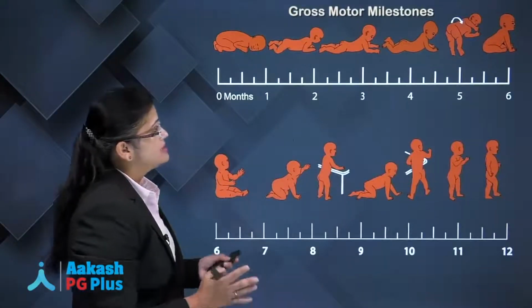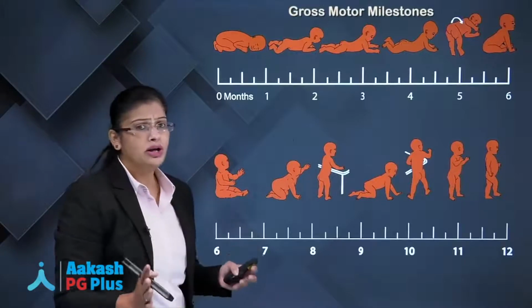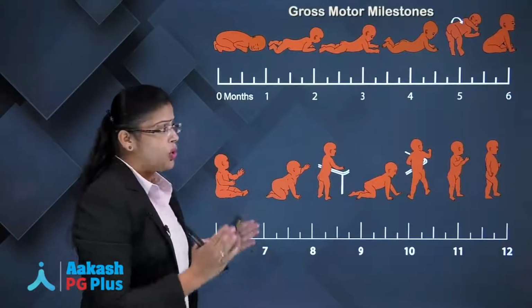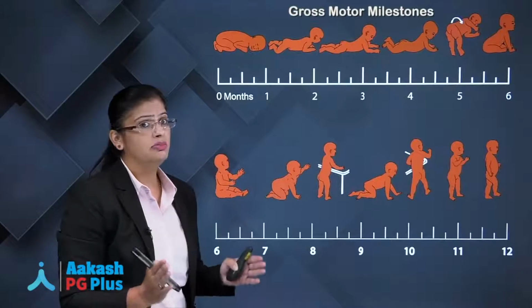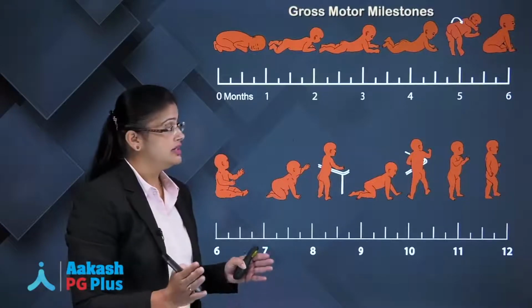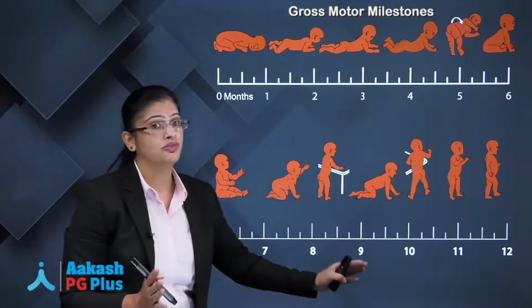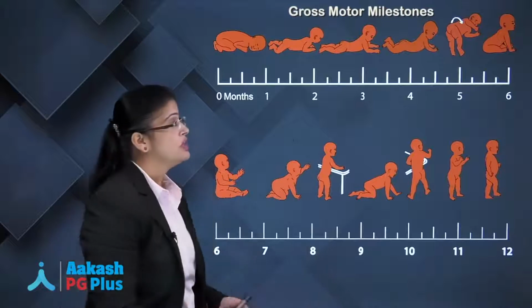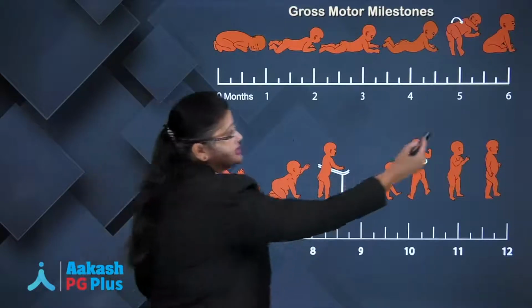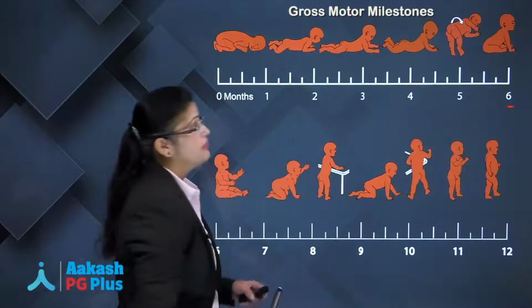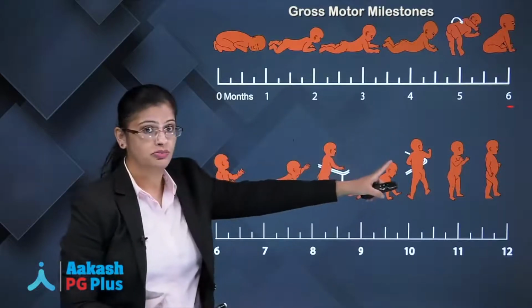So this is a simple way in which you can remember what gross motor milestones the child will be able to attain in the first 12 months of life, that is in the first year. By the time the child is 6 months of age, he will be able to sit with support.